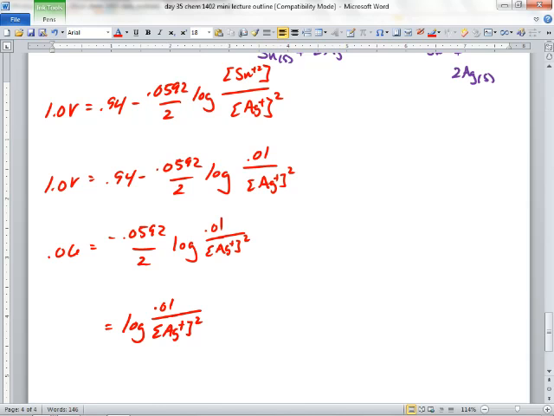Do you get like a negative 2.027 or something? How many digits do you want to carry?